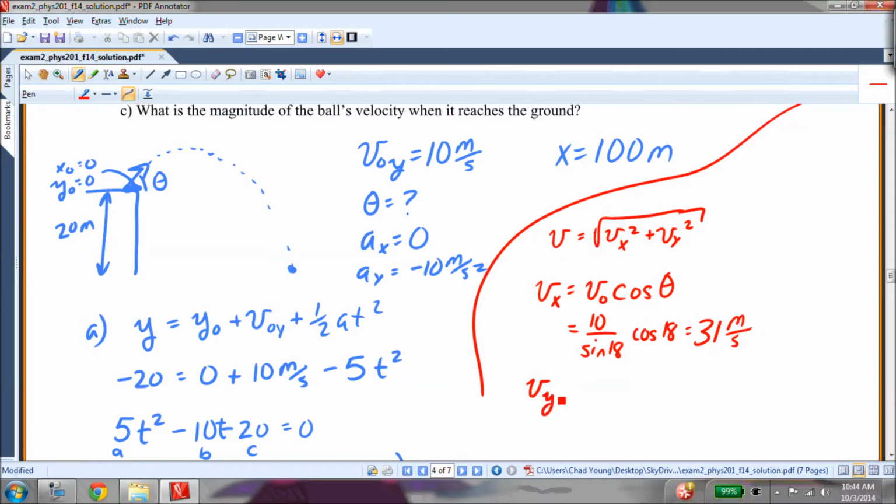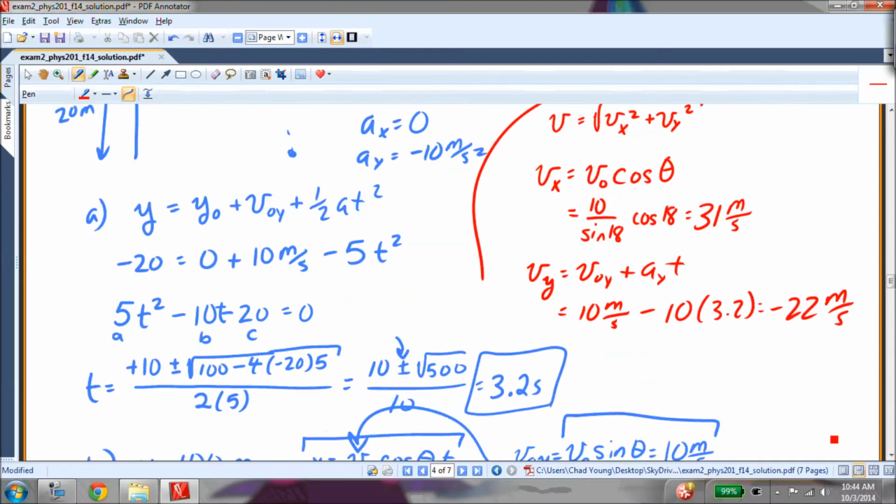And then Vy is going to be equal to V naught y plus Ayt. That's going to be 10 meters per second. That was given in the problem. Minus 10 times 3.2. 10 minus 32, or negative 22 meters per second. And then we're looking for the magnitude.